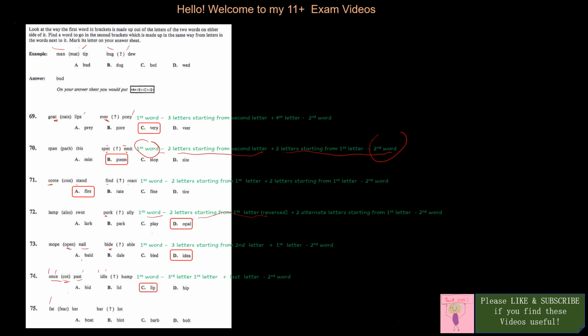F is there, then E, then A, then R. So it will be boat. Why is it boat? BOAT. It's alternating, it's changing. First letter, second word, second letter, first word. It's going back and forth. You pick one from here, one from here, one from here, one from here. Okay, so that's what it is.